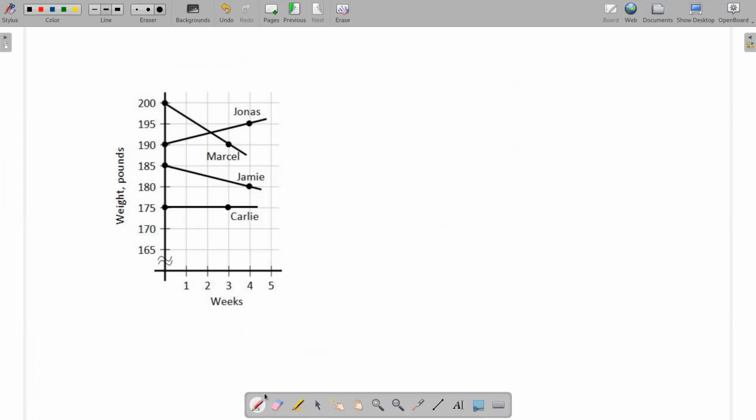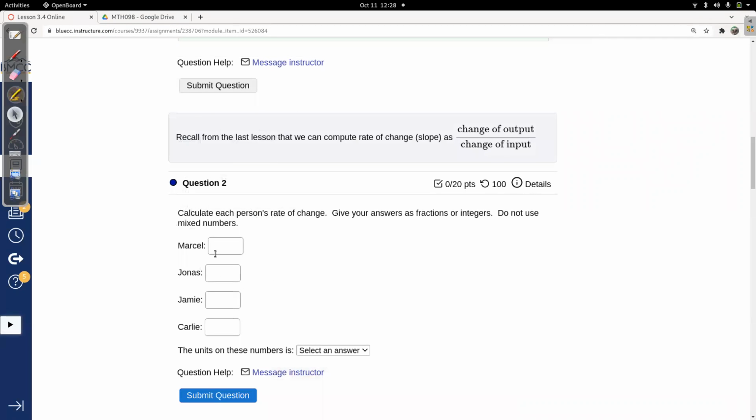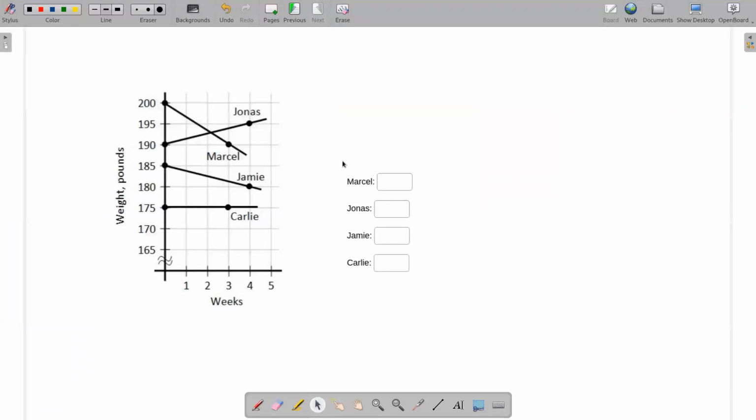I already did one example of that. I'll do another one in a moment. I can also look at this and figure it out. So I'm going to go with the look at it version. I'm going to grab this table, put them in the same order. Pull that over here.